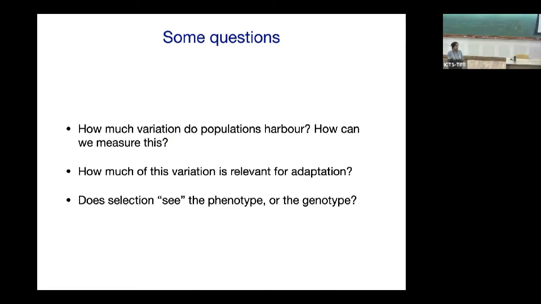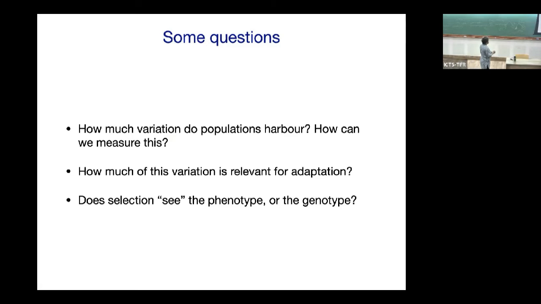If there is no selection for height in humans, it doesn't matter how much variation there is in height, which is genetically encoded. It's not going to be under selection, and it's not going to lead to any adaptation.